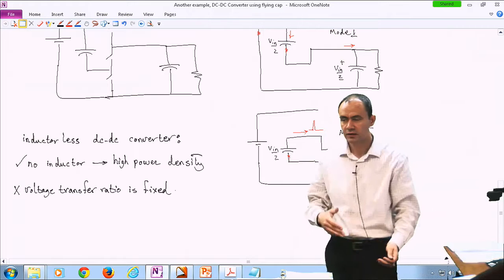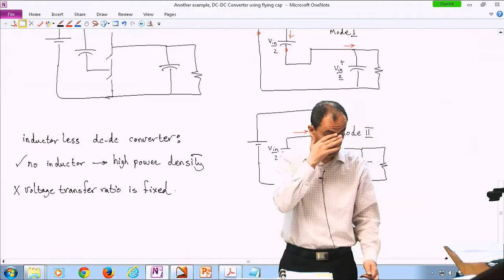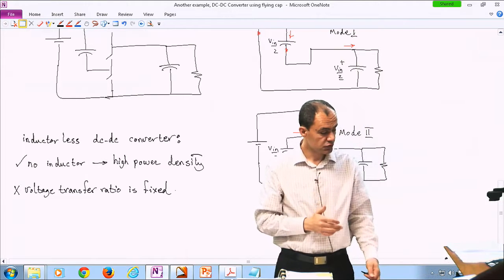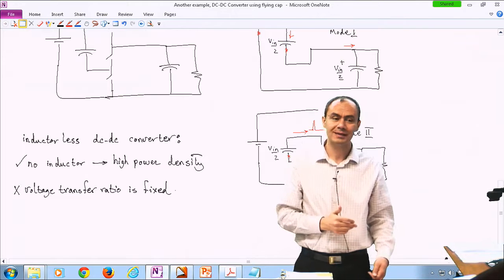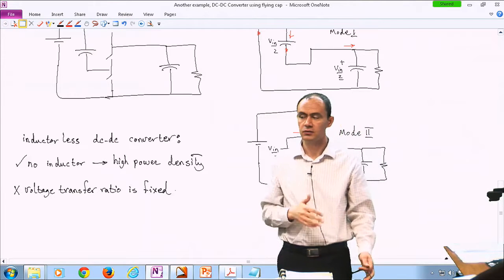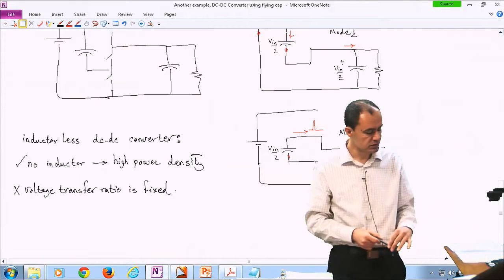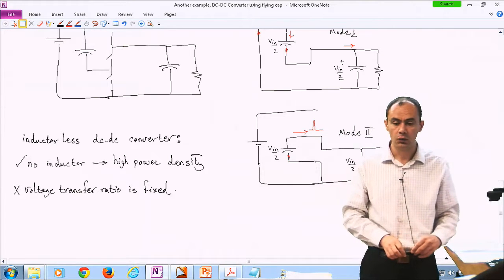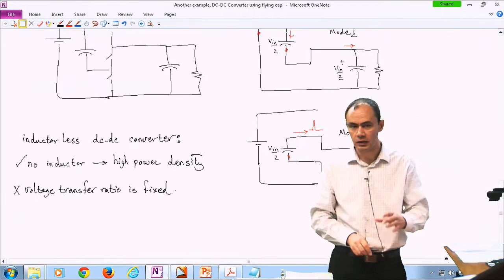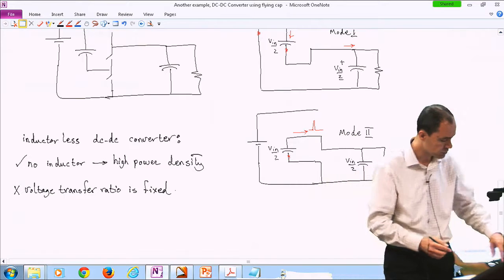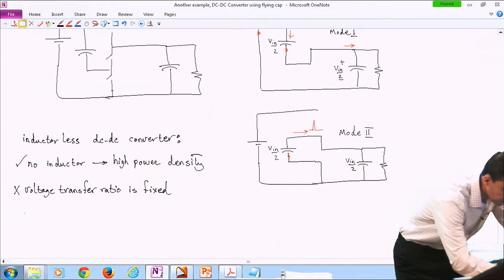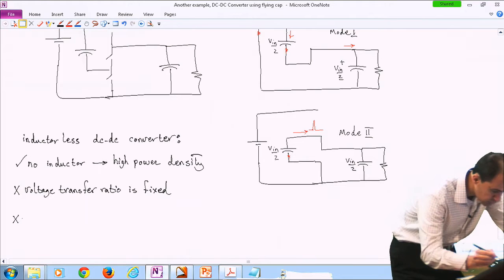Also, another disadvantage that we didn't talk really much here is your voltage transfer ratio kind of depends on the internal resistance of this capacitor. So if you really do some modeling over here, you're going to realize these internal resistances that I drew in red would have an influence, in a particular switching frequency range, on the voltage transfer ratio. So that's a disadvantage.